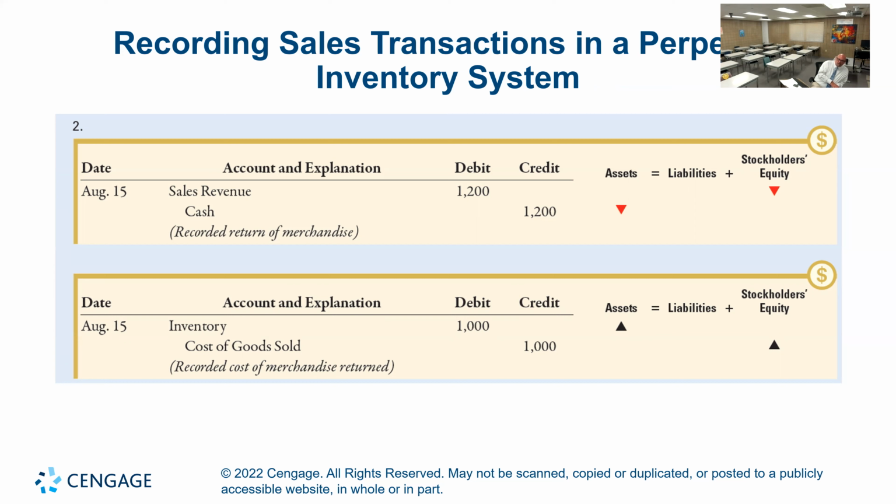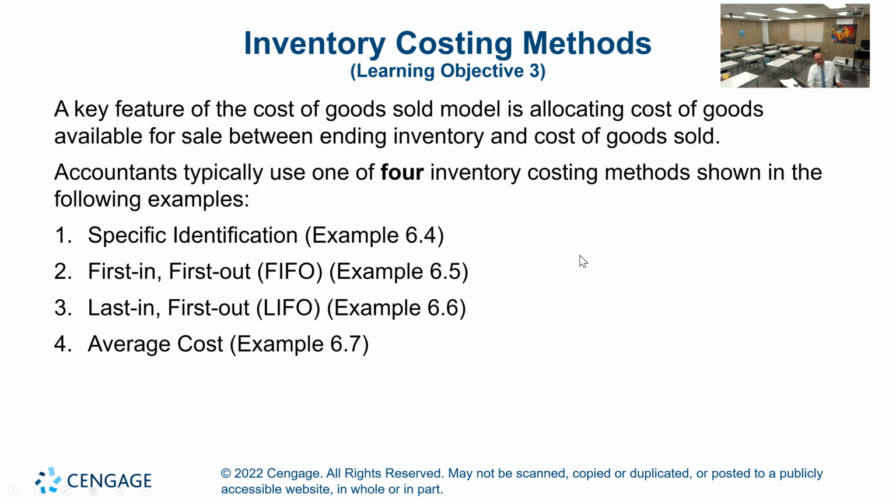Our cost of goods sold went from 10,000 to 9,000. So then we have 10,800 minus 9,000, $1,800 gross margin, I believe. I'll write that out. I probably did that math wrong.